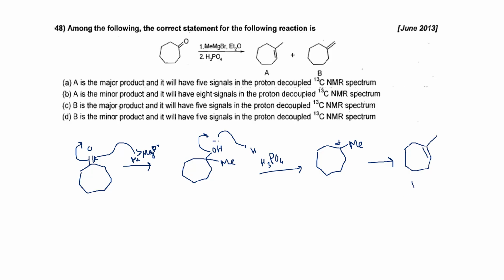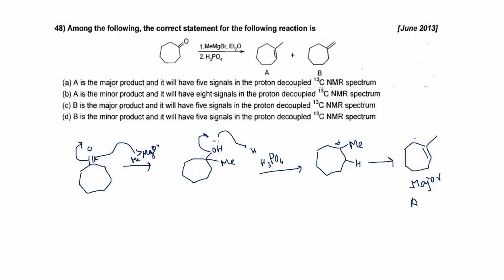So this will give a more substituted double bond. So this will be the major. So A is our major product.